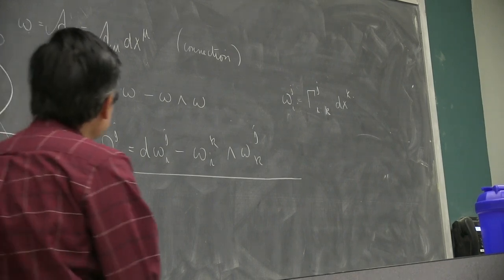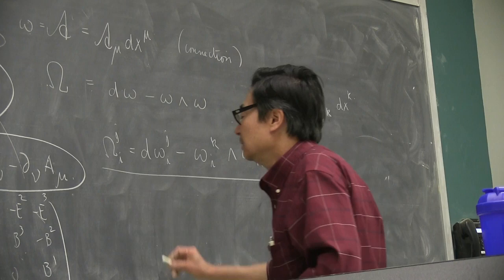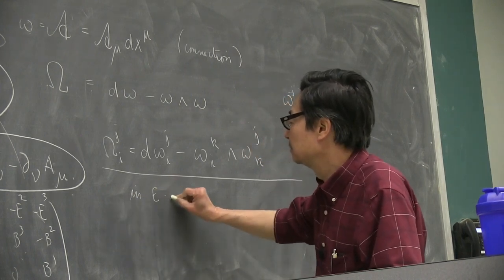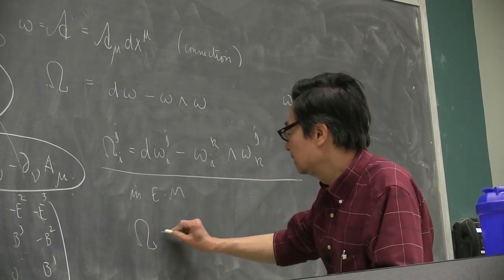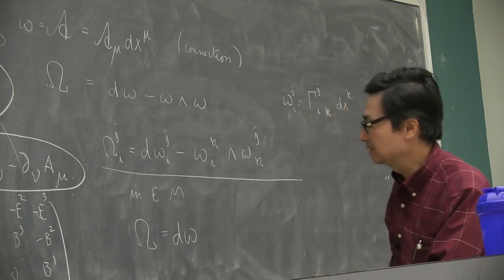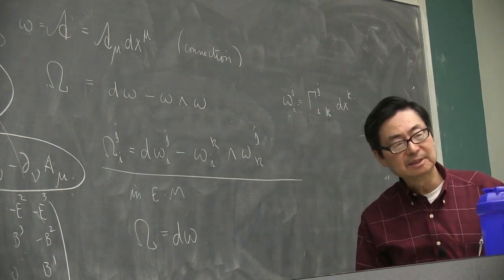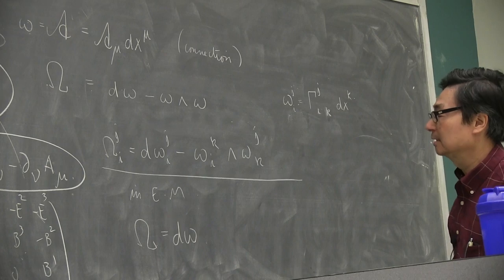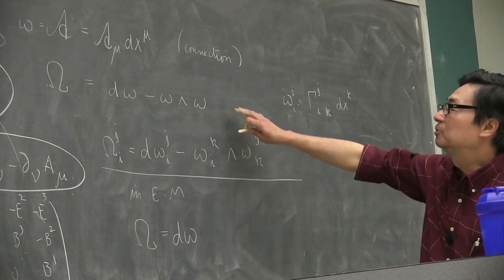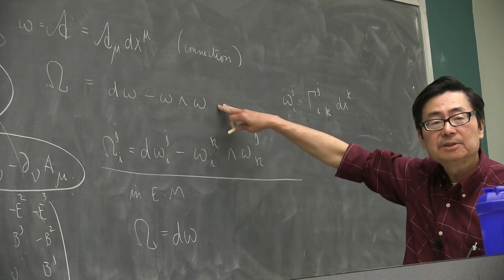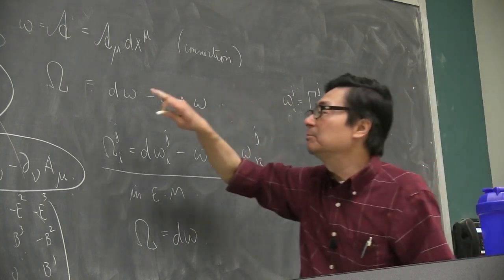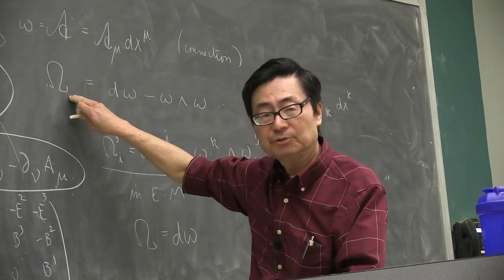So in electrodynamics, when these things are not matrices, in E and M, the big omega is just little d little omega. In general, in the non-abelian gauge theories, this is what applies. In mathematics, this is called a curvature two-form.